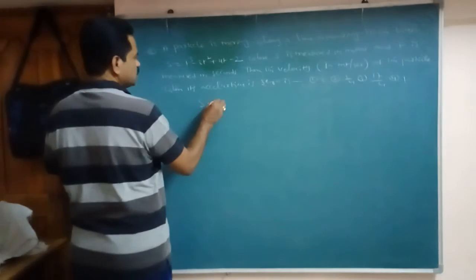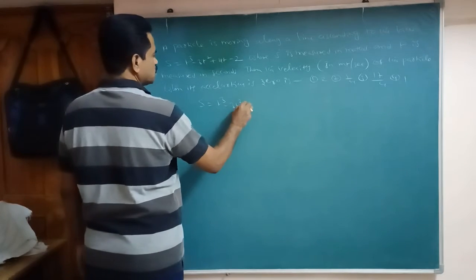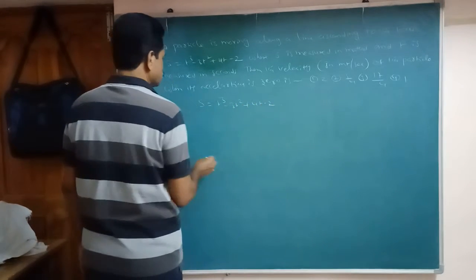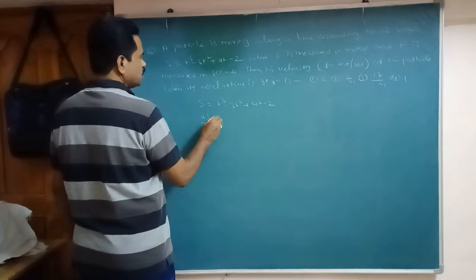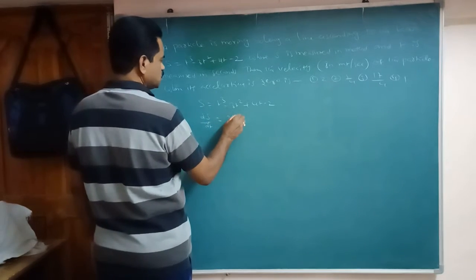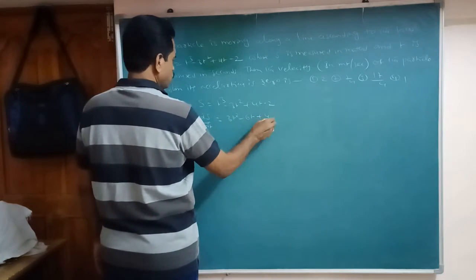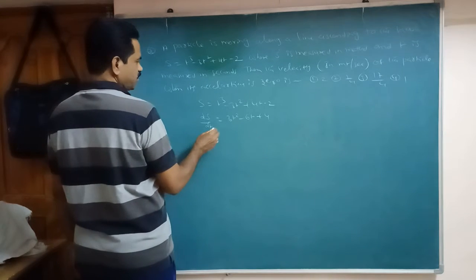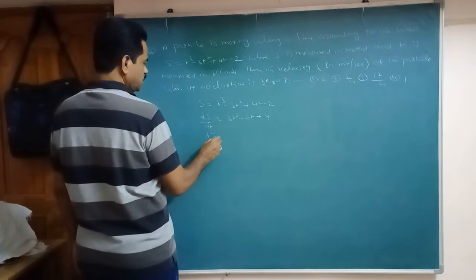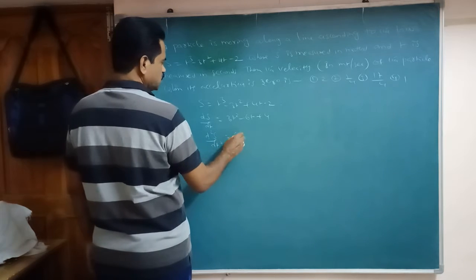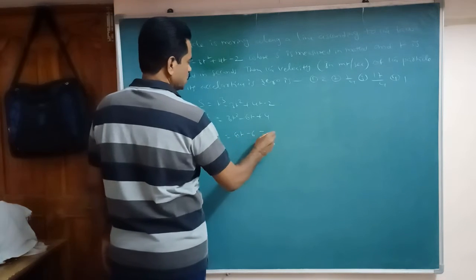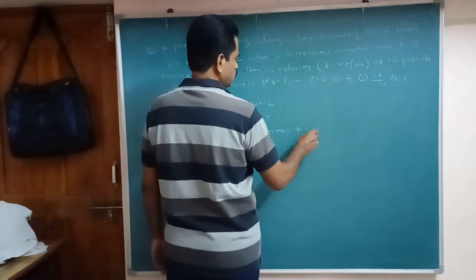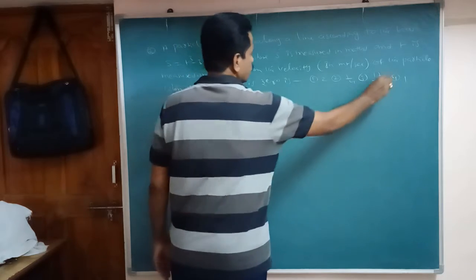So s is t cube minus 3t square plus 4t minus 2. So ds by dt is equal to 3t square minus 6t plus 4. Here d square s by dt square equals 6t minus 6 equal 0. Then t equals how much here? Fourth option.